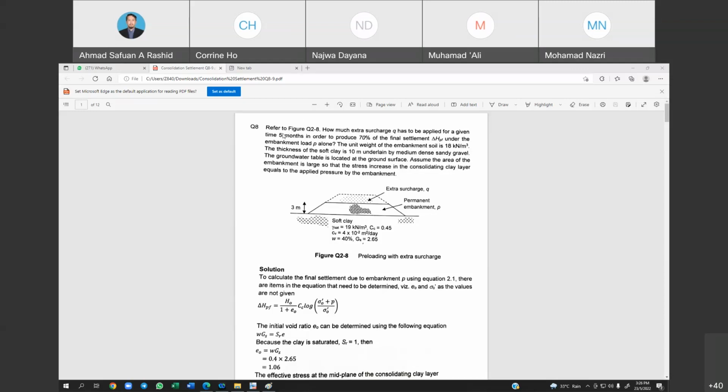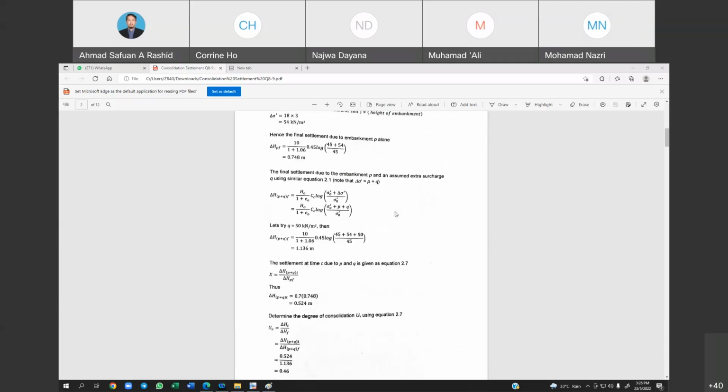So soalan dia, how much within 5 months to produce 70%. Kan kita kira 70% tu, mana kita bandingkan antara permanent embankment punya settlement dengan additional punya extra surcharge Q punya embankment settlement.